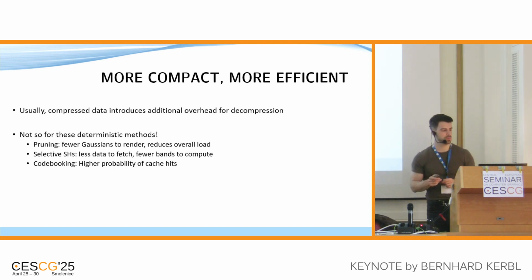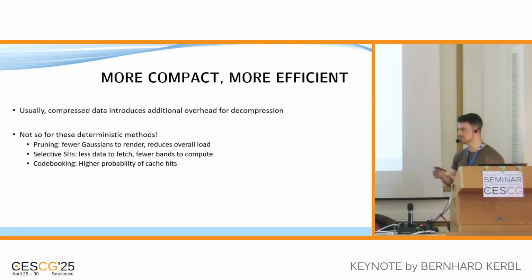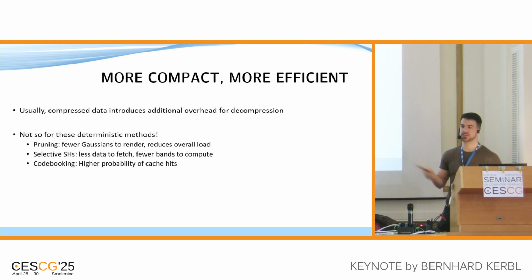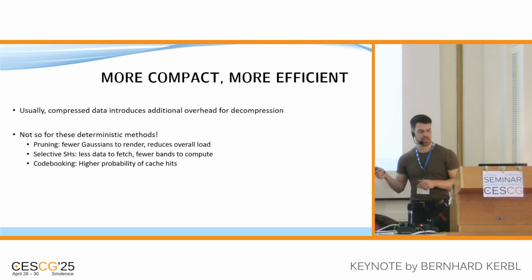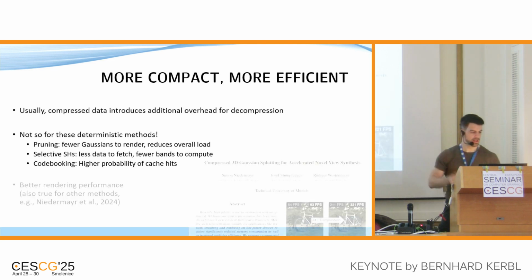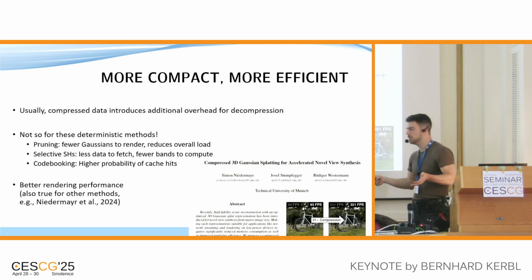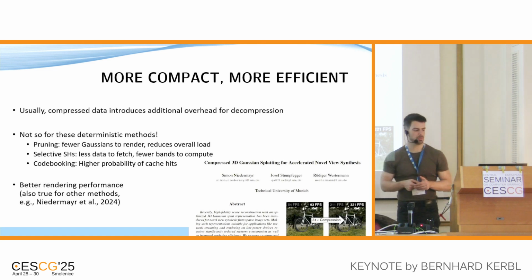And finally, the codebooking seems like an indirection, like a lookup into memory that you didn't have before, but it actually results in a higher probability of cache hits on the graphics processing unit. So overall, it achieves better rendering performance if you use these compressed models.